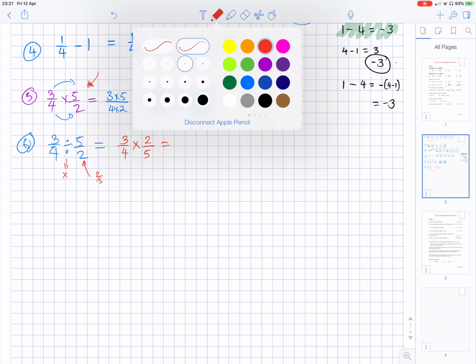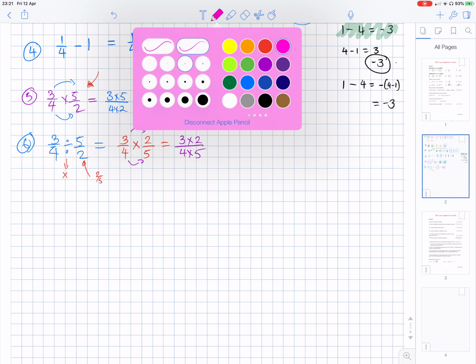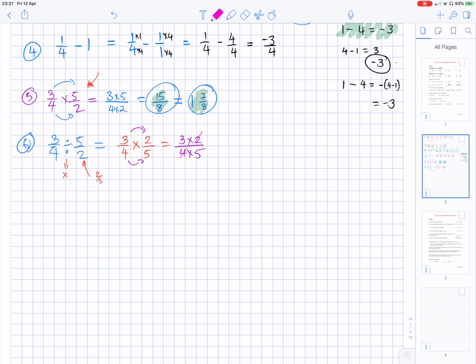And then we just do what we've done in the last one, the straight multiplication of the numerators, which is 3 times 2, and the denominators, which is 4 times 5. Now, if you want, you can actually cancel this 2, because 2 can go into 4 twice. So eventually you've got 3 times 1, which is 3, and 2 times 5, which is 10. So your answer is 3/10.